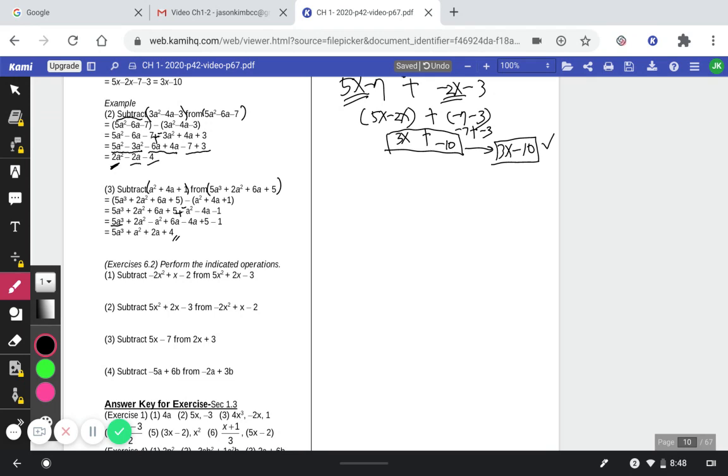You only have one a cubed, and then you combine these two, and then you combine these two because they are like terms, and combine these two.